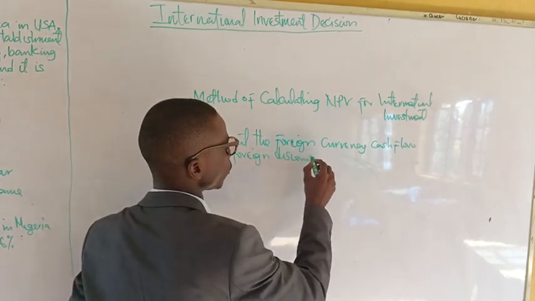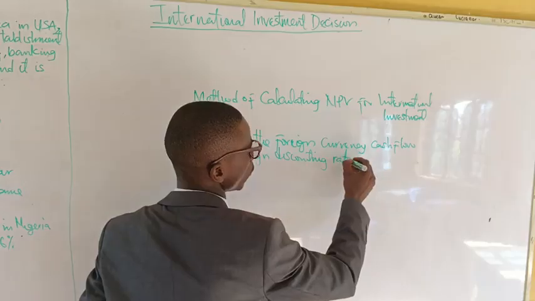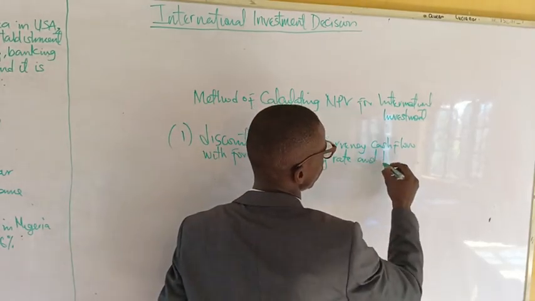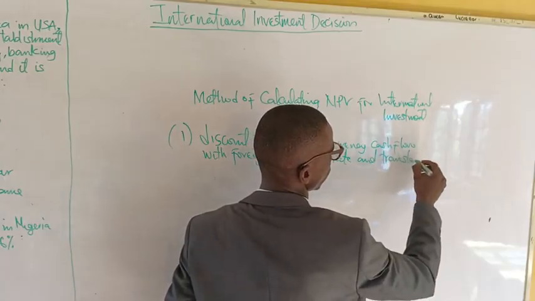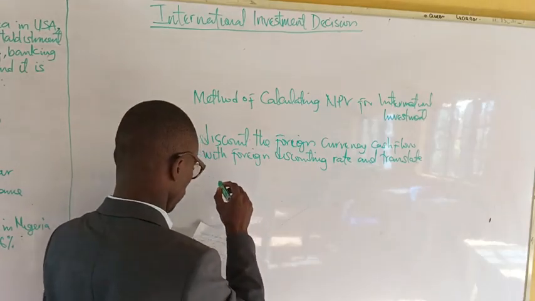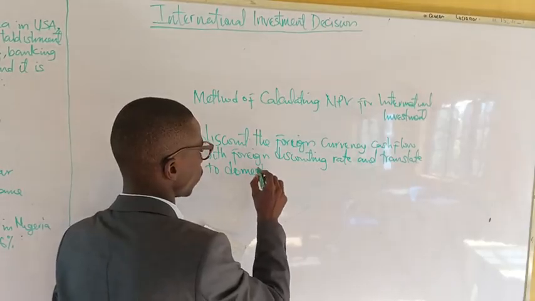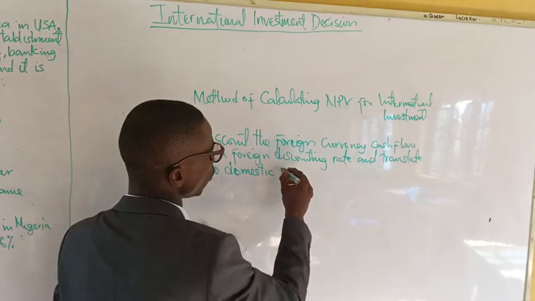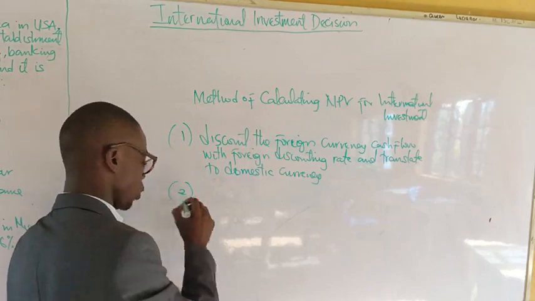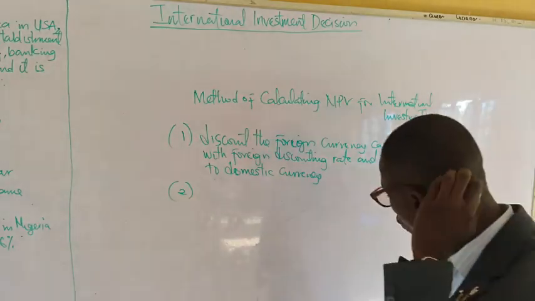With the foreign discounting rate, you discount and then you translate to domestic currency. I'm going to explain, we are going to solve the calculation on this, but don't worry.